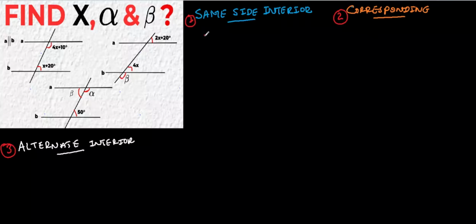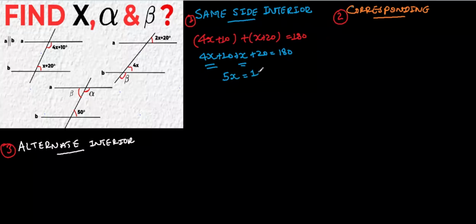That means x plus 10 plus x plus 20 is equal to 180 degrees, so 5x is equal to 180 minus 30 degrees. Then 5x is equal to 150, and x will be 30 degrees.